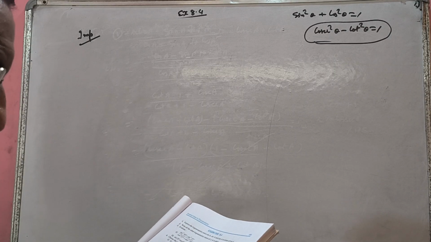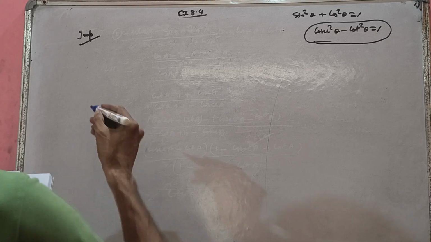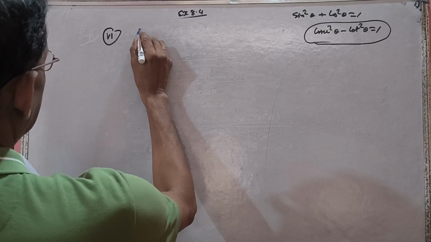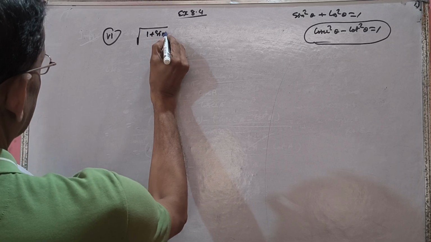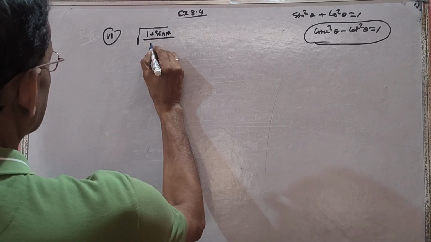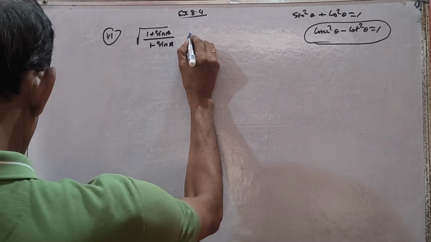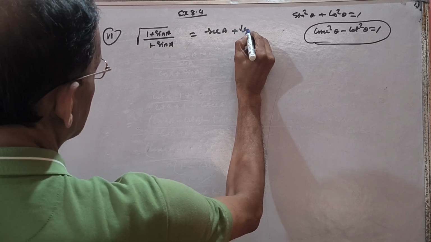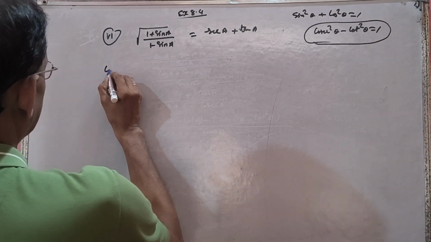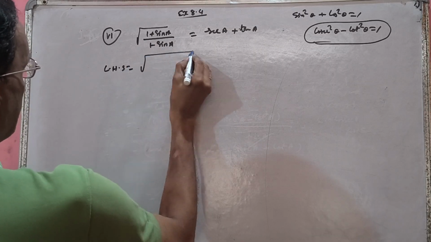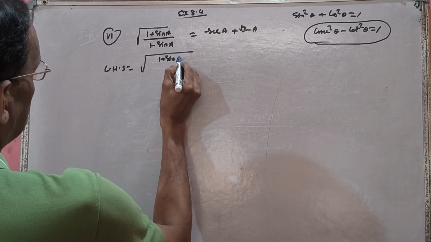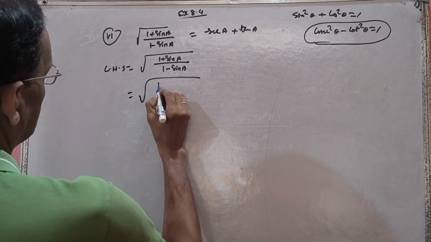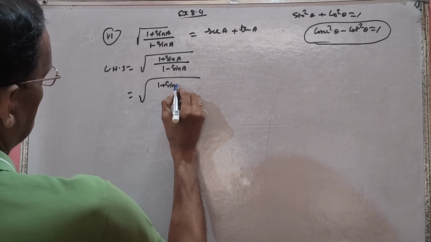Now number 6. We need to prove 1 plus sin A by 1 minus sin A is equal to sec A plus tan A. Take the left hand side: 1 plus sin A by 1 minus sin A. We need to remove the root.